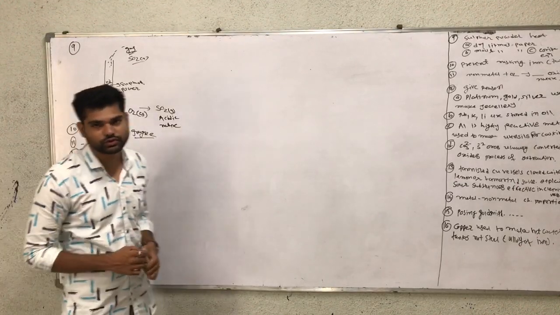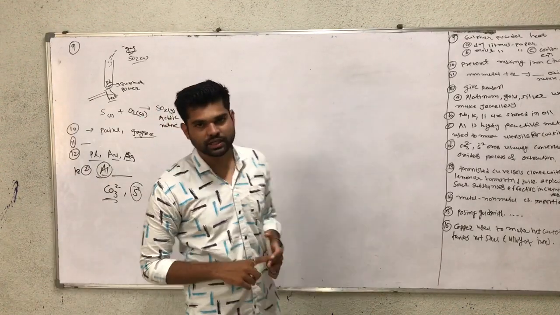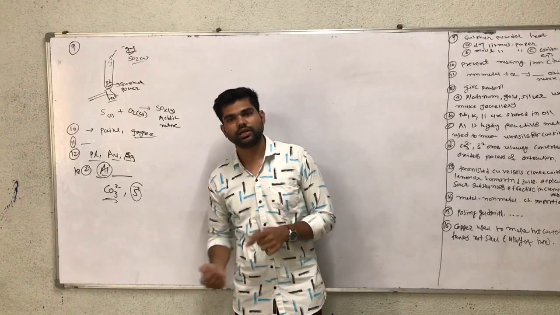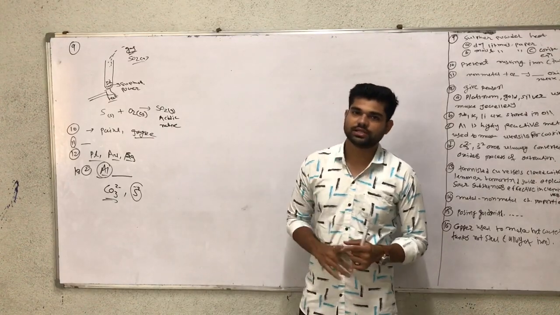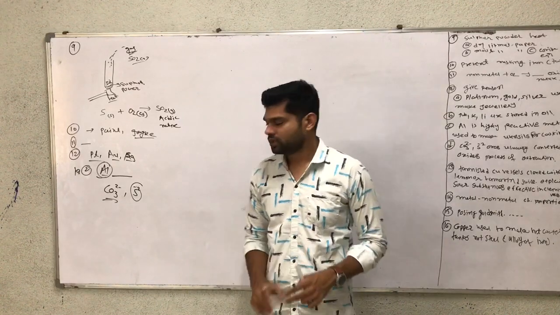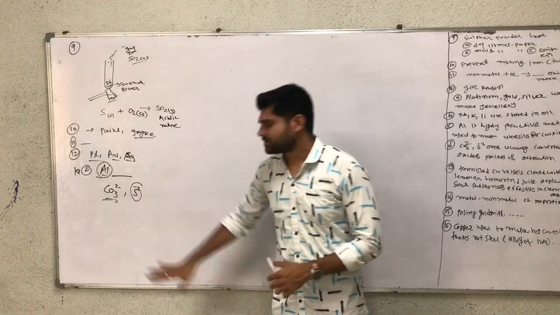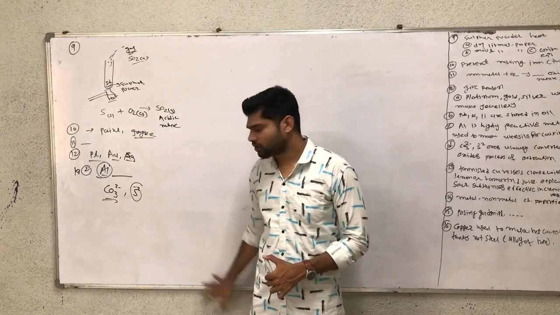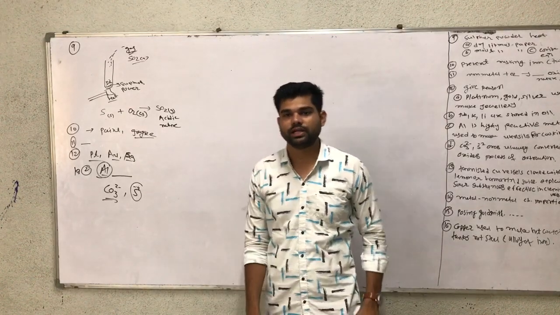These types of ores are easily converted into metal oxide, and after converting into metal oxide, the metal can easily be obtained from the oxide. So this is why carbonate and sulfide ores are converted into metal oxide.